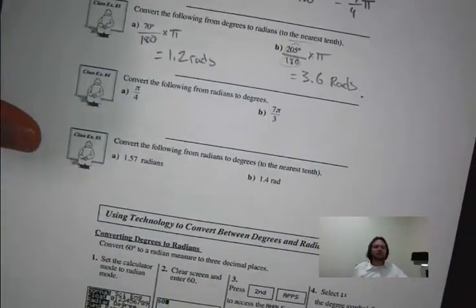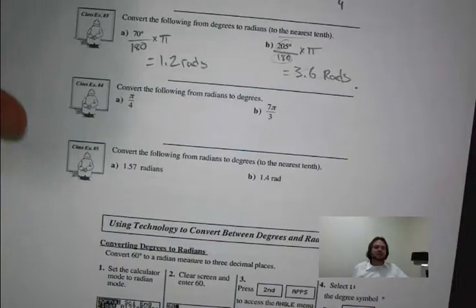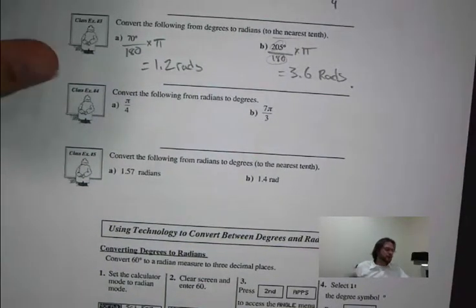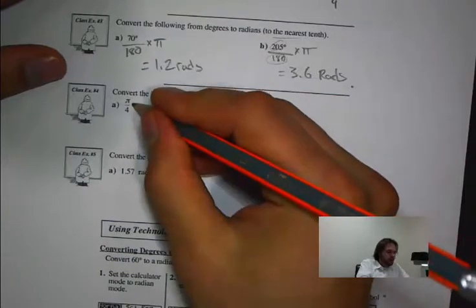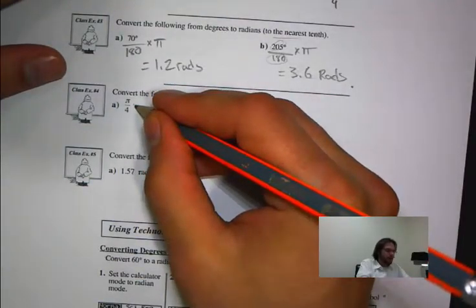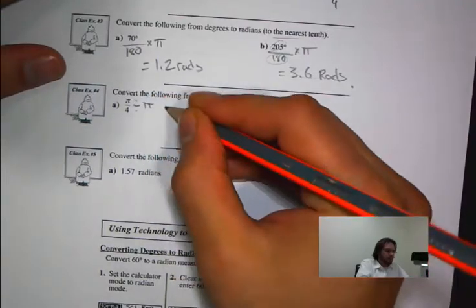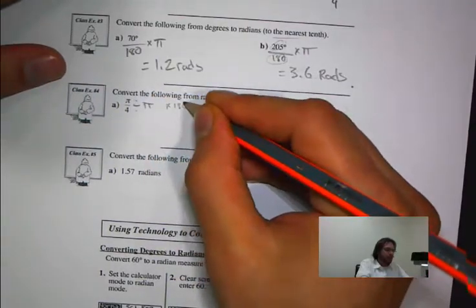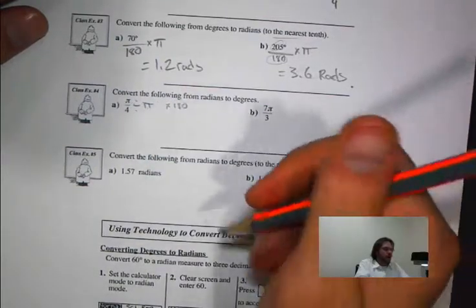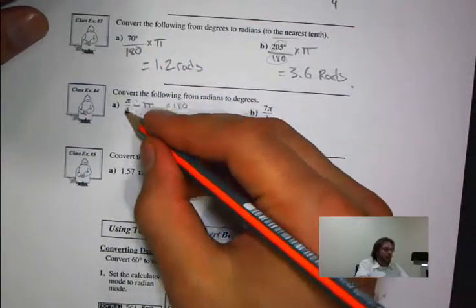Okay? Now, let's take a look at the next one. It says, convert the following from radians to degrees. So this one here, I have to divide this by pi. And then I'm going to multiply by 180. So if I go pi over 4 divided by pi, that's the same thing as 1 over 4.